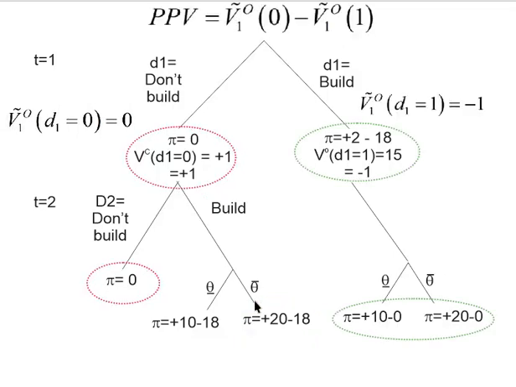They finally introduce one other additional concept that is worth identifying here. It's helpful to see it graphically before you look at the math, and that is what they call pure postponement value, and that's the open loop value with making a decision of d1 equal to 0 versus d1 equal to 1.